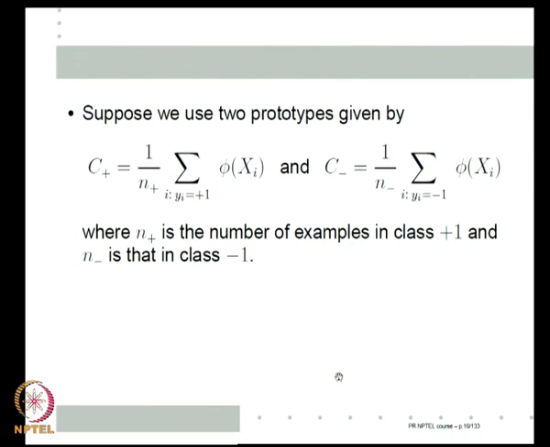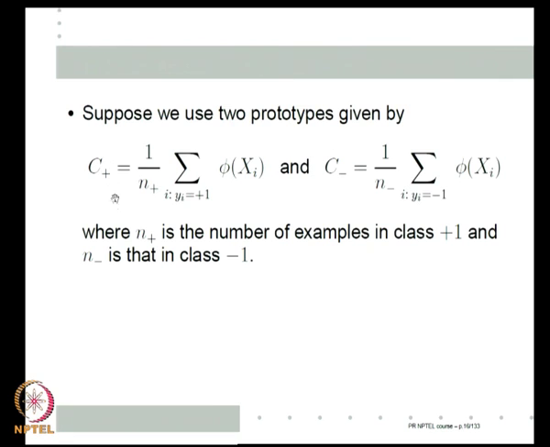Okay. So, let us say we use only 2 prototypes, we call them C plus and C minus. C plus is 1 by n plus summation of phi xi, where i is such that yi is +1. Here n plus is the number of examples of class +1, similarly n minus is the number of examples of class -1.